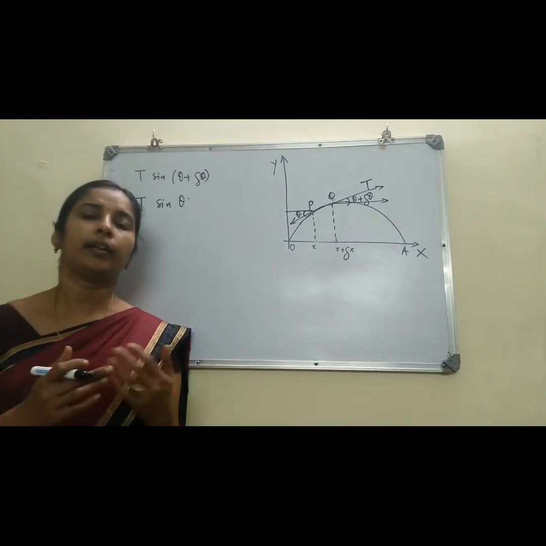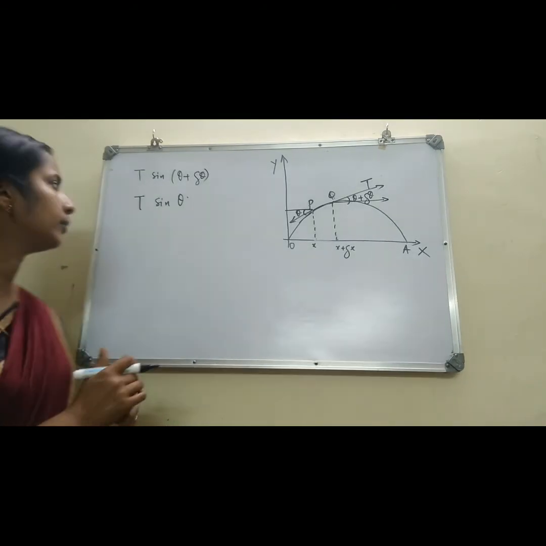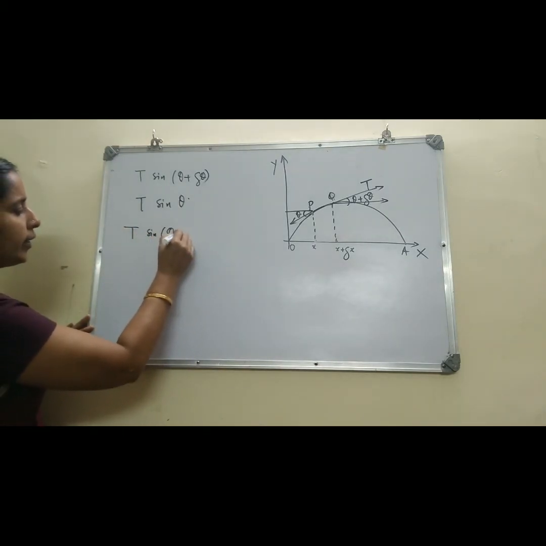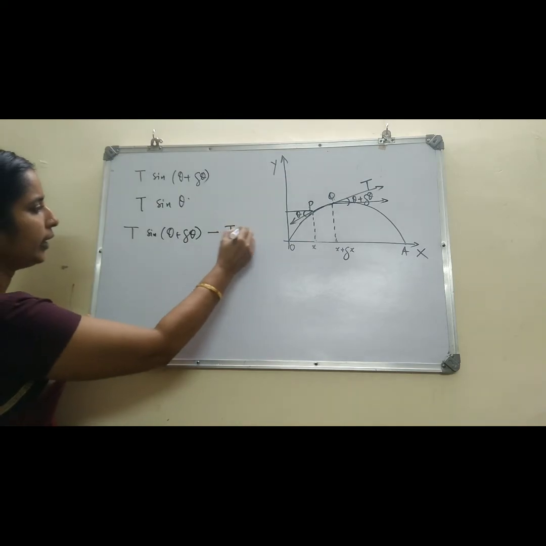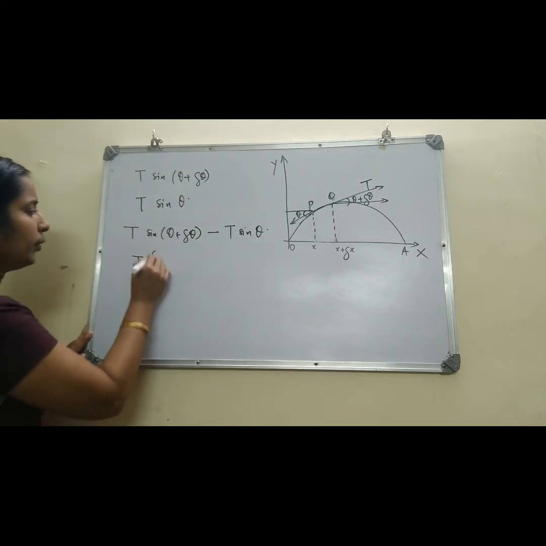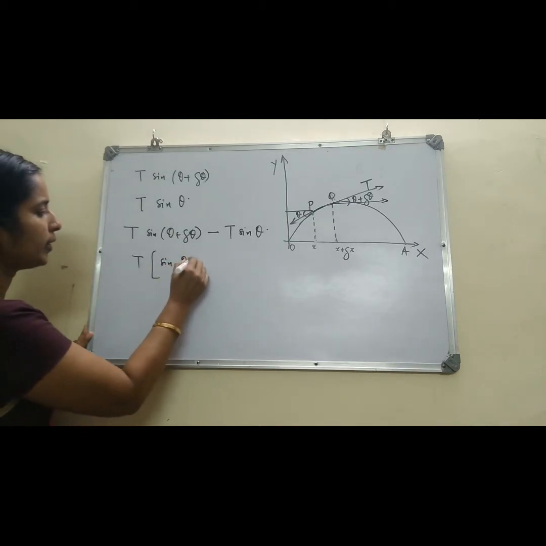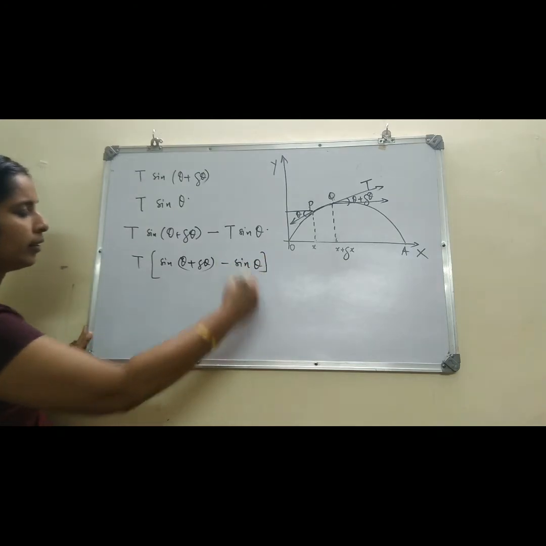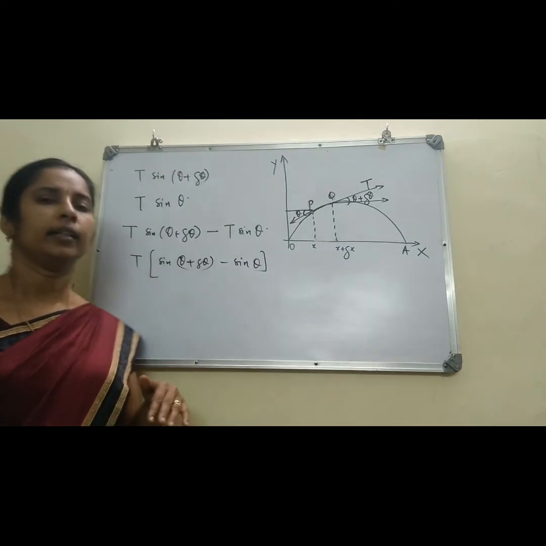So the total force on PQ is T sin(theta plus delta theta) minus T sin theta, that is T times [sin(theta plus delta theta) minus sin theta].